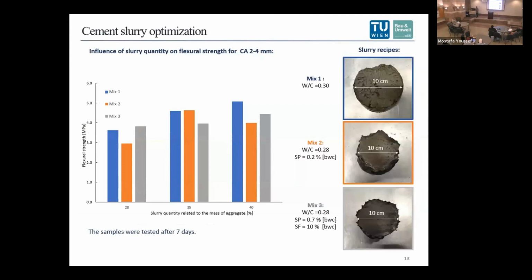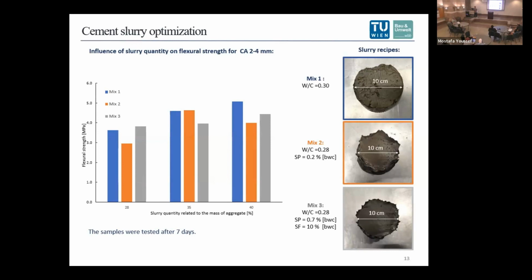Here I will talk a bit about how we optimized the cement paste. We investigated 3 different mixtures, starting from mix 1, which consists only of water and cement, with a water cement ratio 0.3. The second one consists of water, cement, and superplasticizer.